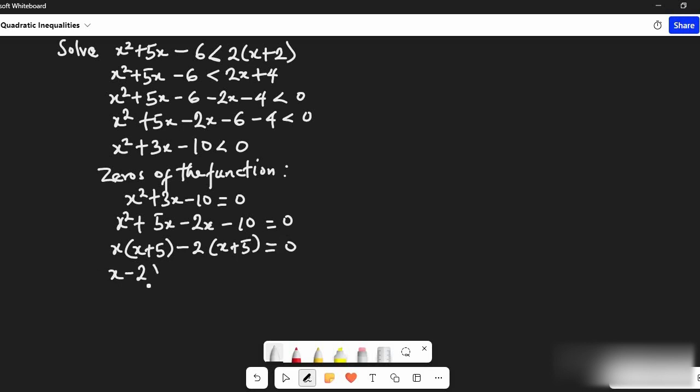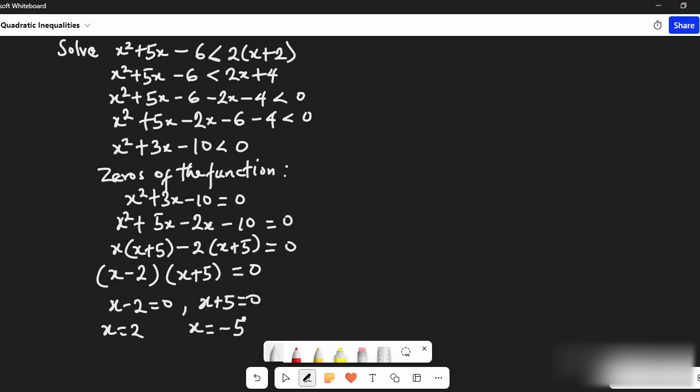And we have that x minus 2 is one factor and x plus 5 is the other factor. So x minus 2 equals 0, we have that x equals 2 as one root of the equation, and x plus 5 equals 0, we have that x equals minus 5 as the other root. So now we have that the zeros of the function are 2 and minus 5.